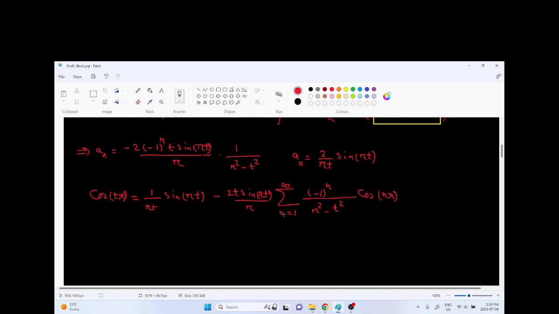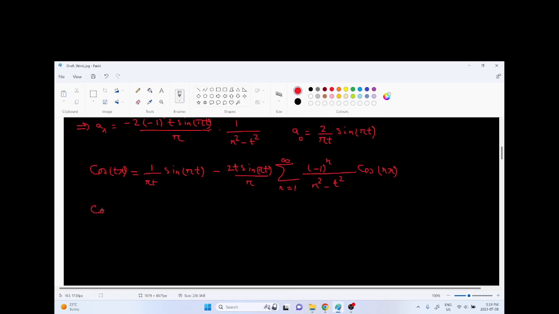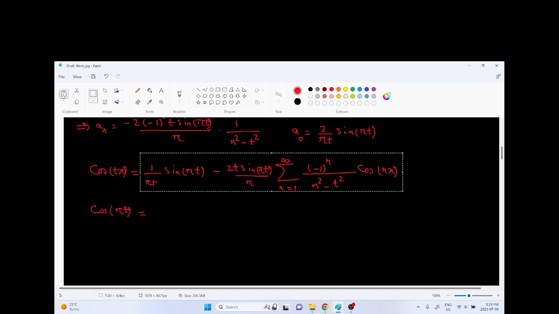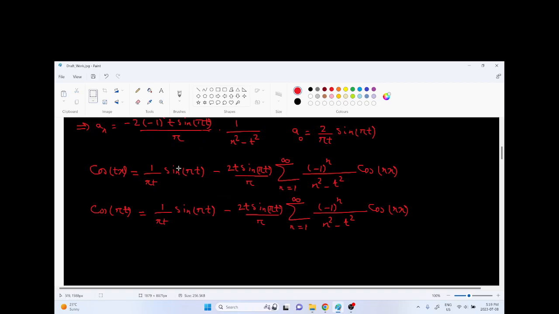And this Fourier series at x equal pi converges to cosine of pi t. And from the right hand side, we get everything the same except that x must be changed to pi.